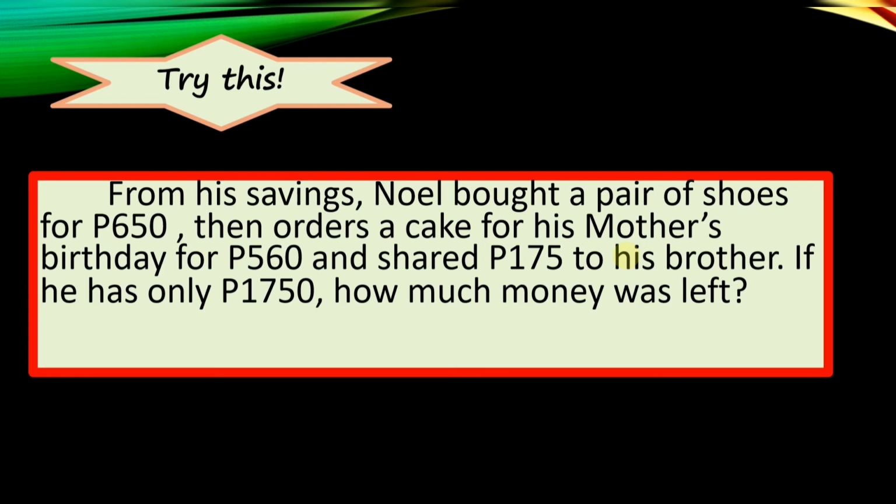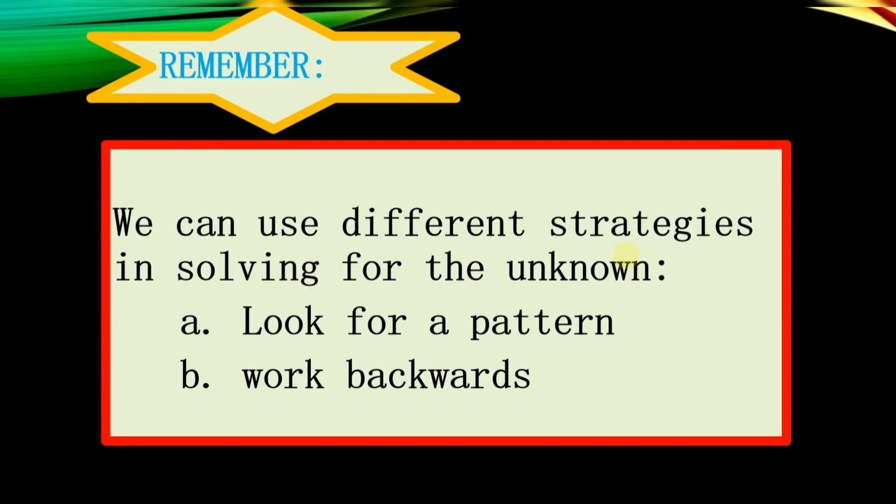So the answer is 190 pesos. Always remember that we can use different strategies in solving for the unknown. One way is to look for a pattern, and another way is working backwards.